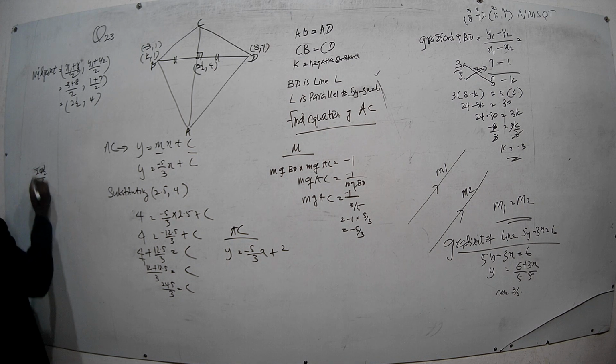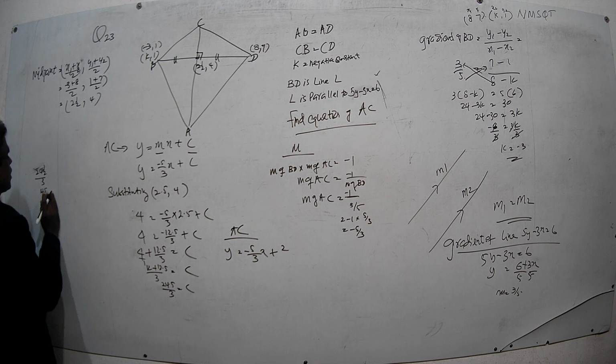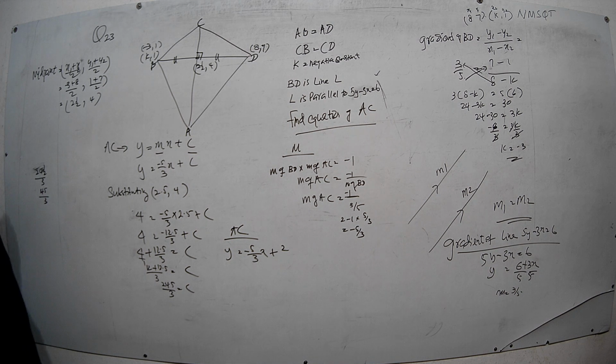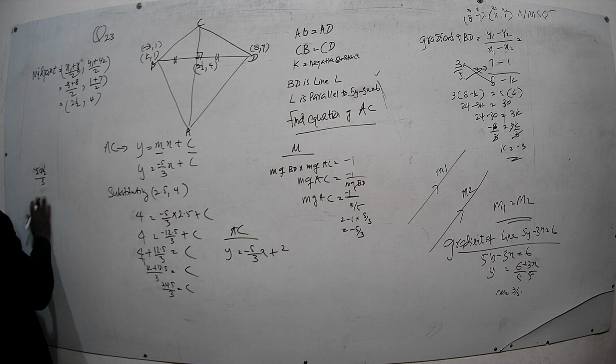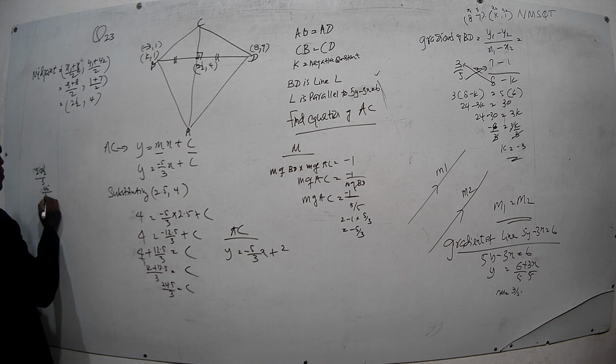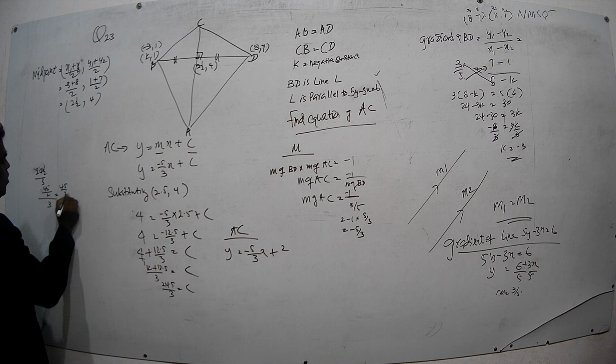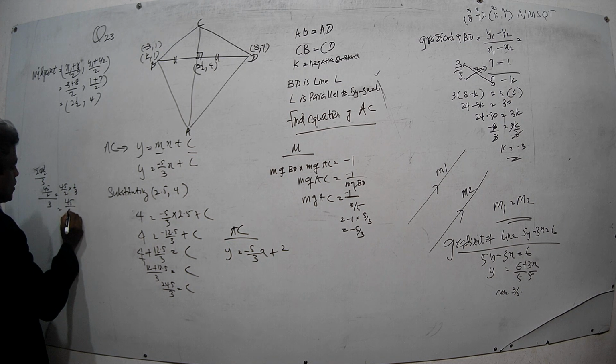Then we take the 3 down, so it will be 49 over 2 into 1 over 3, which is 49 over 6.